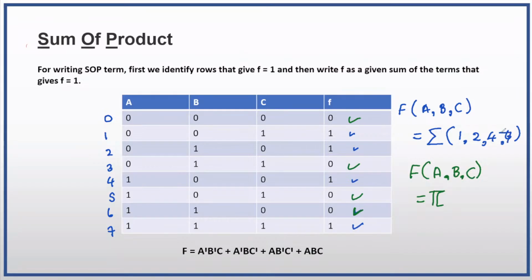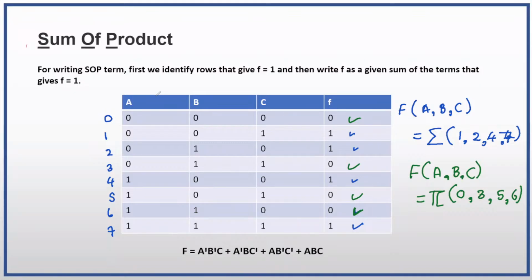So this is 7. So here you get 0, 3, 5, and 6. Yes. This is how you can notate this.